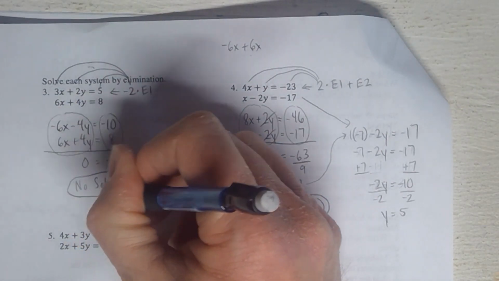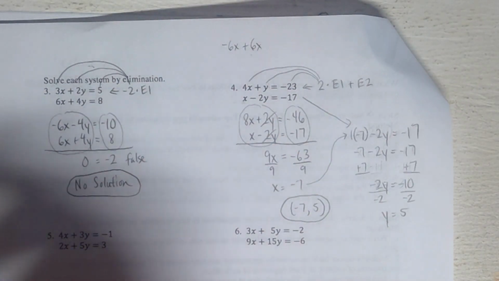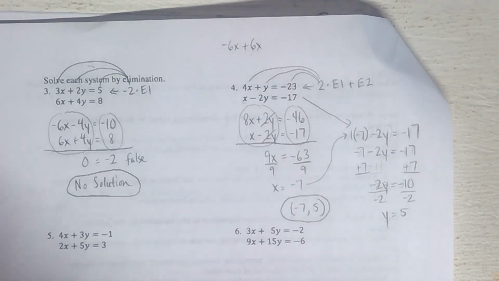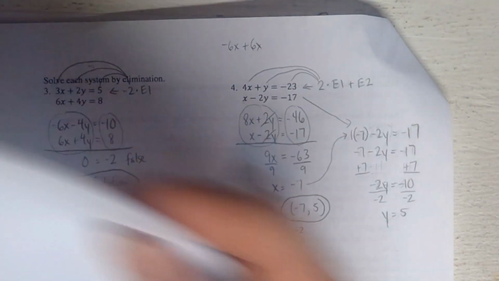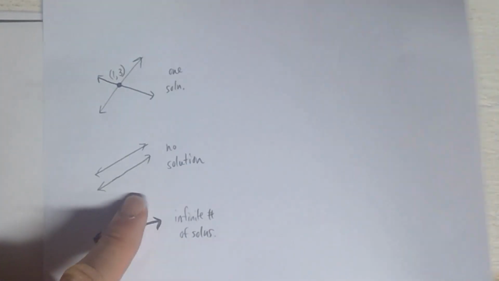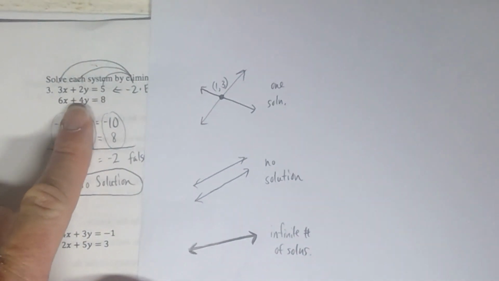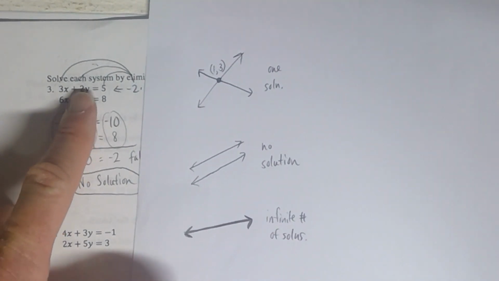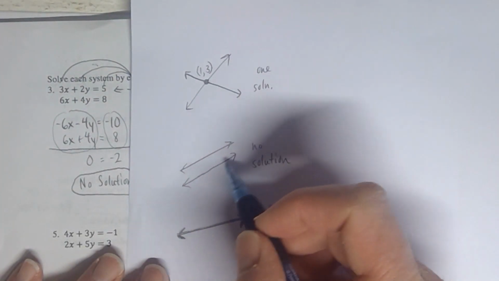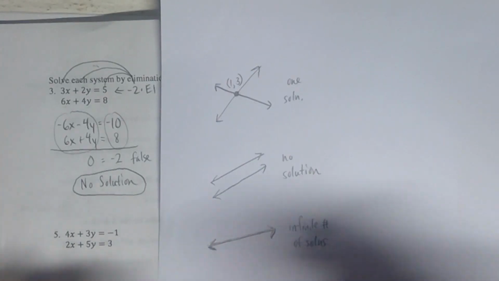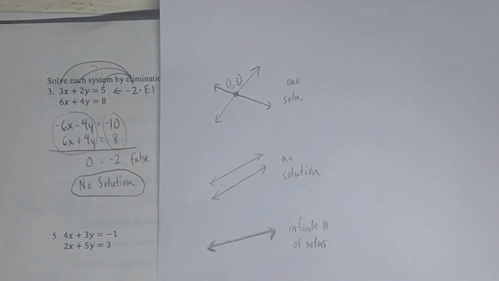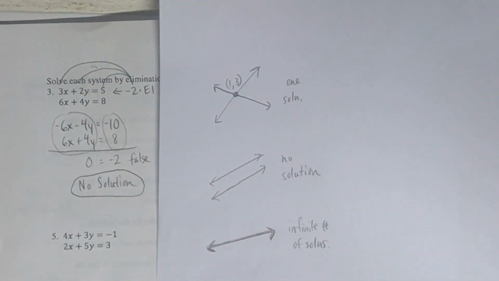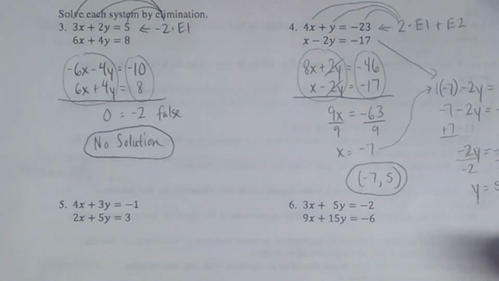Remember I said earlier, sometimes when you solve a two-variable, two-equation system, you get no solution, and we implied that meant parallel lines. Well, that's exactly what these two lines must be. If I were to graph these two equations right now, you would get parallel lines. So it makes sense that there would be no solution because there is no intersection point. And that's problem number 3.